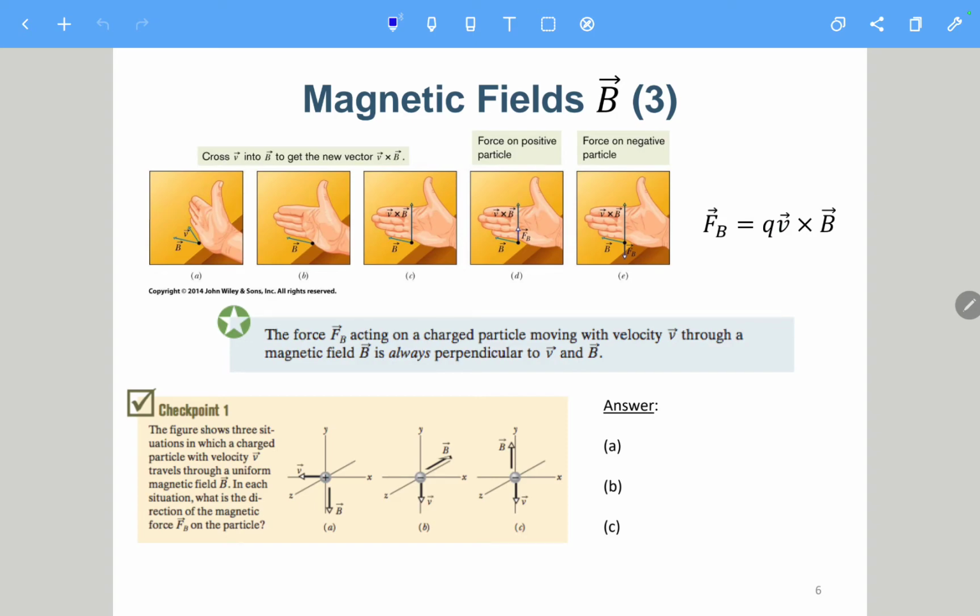So here we have a quick checkpoint. The figure shows 3 situations in which a charged particle with velocity v travels through a uniform magnetic field B. In each situation, what is the direction of the magnetic force, or the Lorentz force, on the particle?